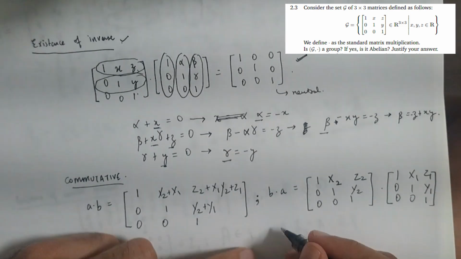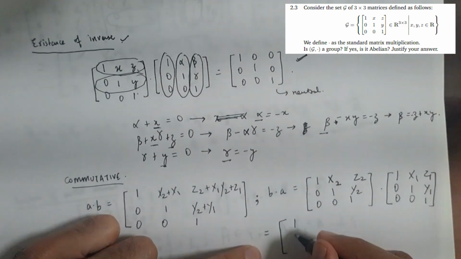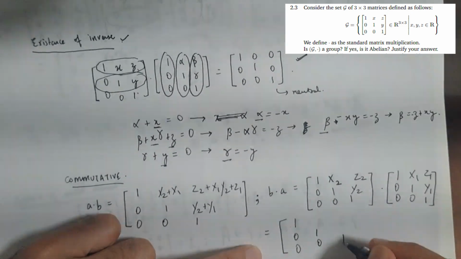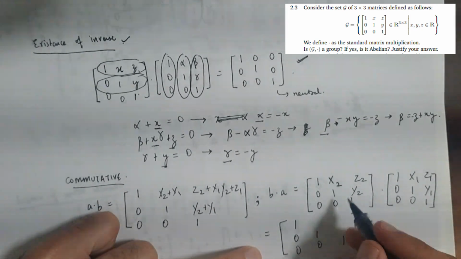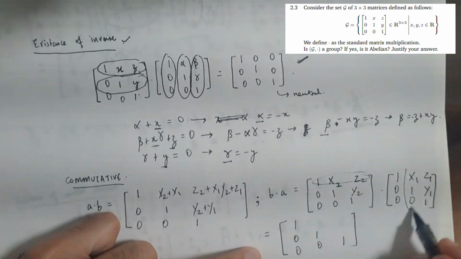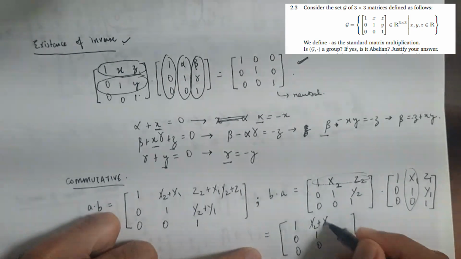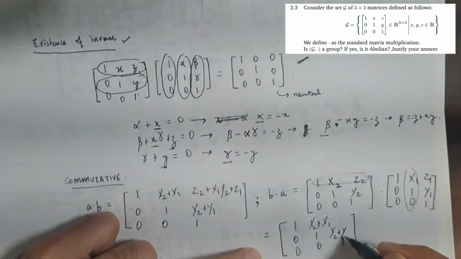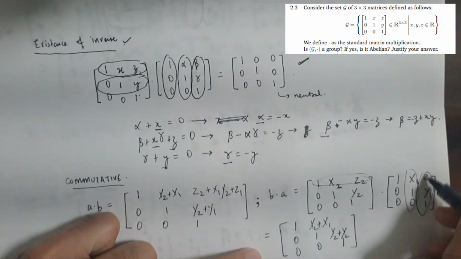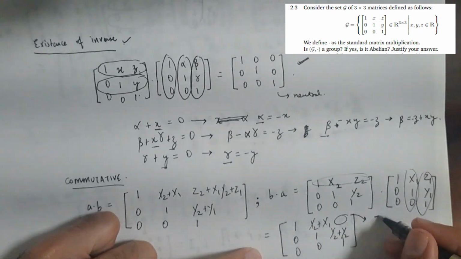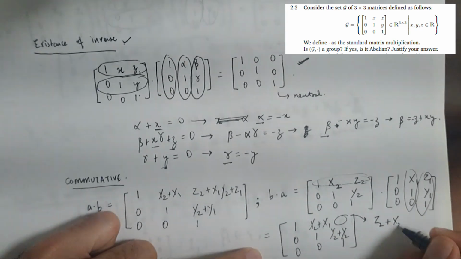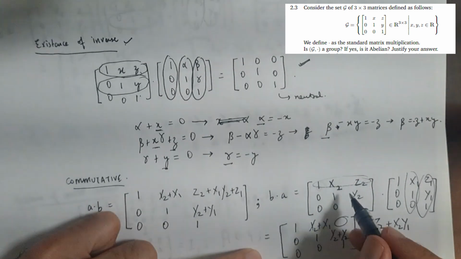And let's do that here again with the property of upper triangular matrix. That's true. And then this is x2 plus x1, this is y2 plus y1, and this element is z2 plus x2 y1.